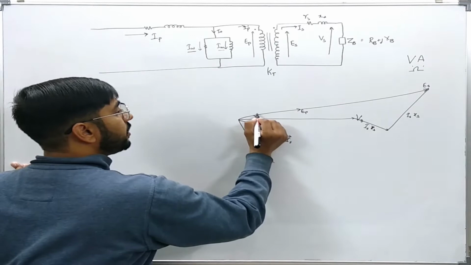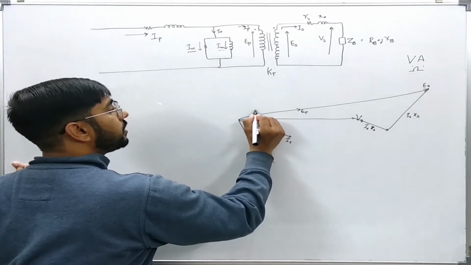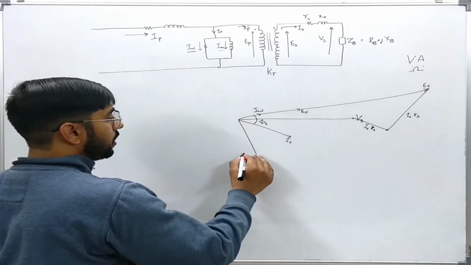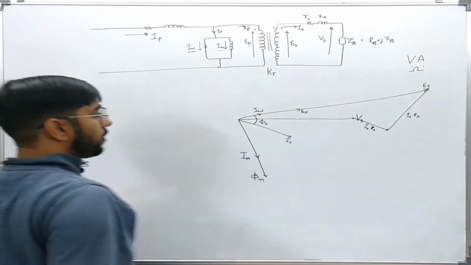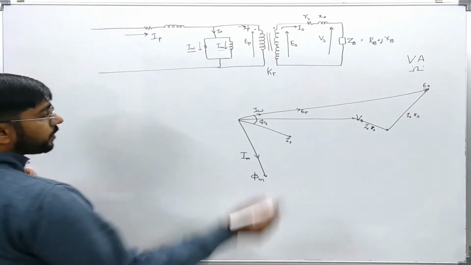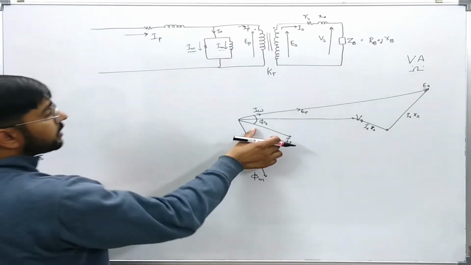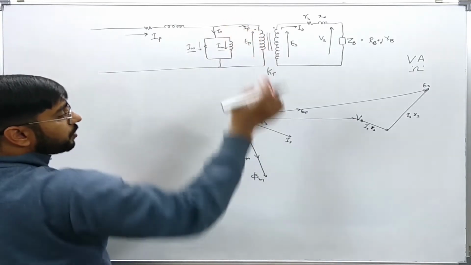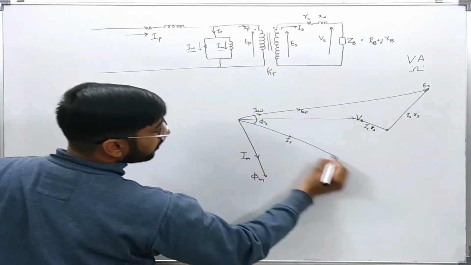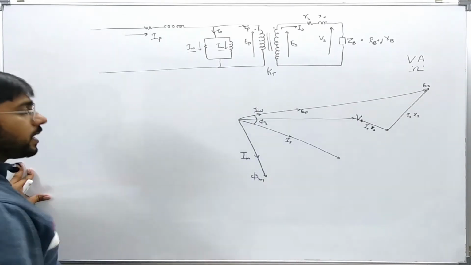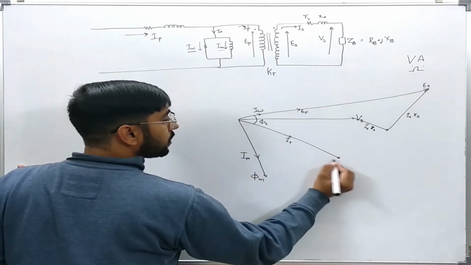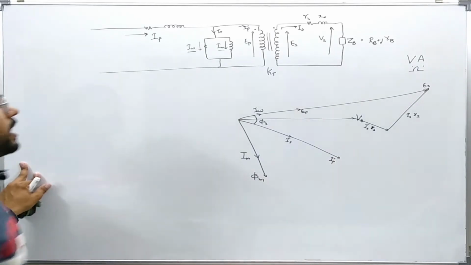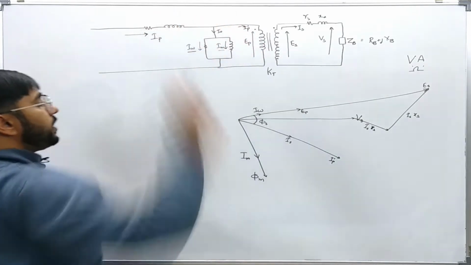One will be the wattful component or the loss component IW, and another will be IM. Now IP dash is going to be in the same direction as Is, and IP dash will be higher, but in the same direction. Now IP dash plus IO will give me IP.